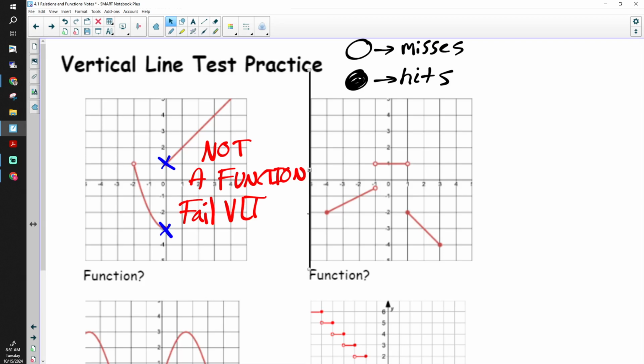Here we do have an input of -2 with a hole. Here we don't even have any, -1 can't be put into our graph because both pieces of the graph have a hole. So this is a function, okay? Because nowhere am I hitting more than once. Does that make sense? Kinda? We'll do more. So this is a function.